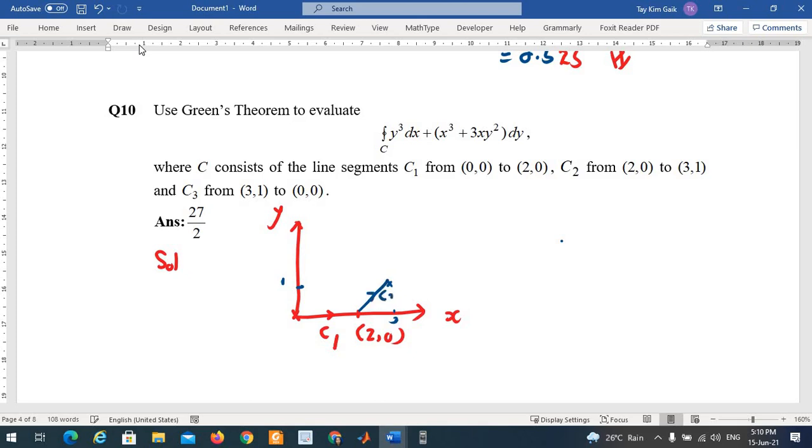So this is C2. C3 from 3, 1 to 0, 0. So this is C3. So the region R is bounded by C1, C2, C3.